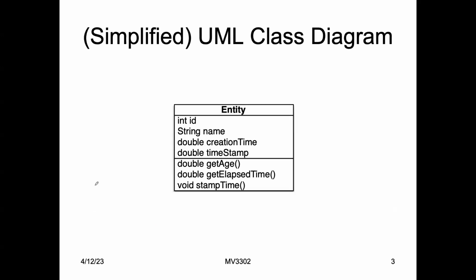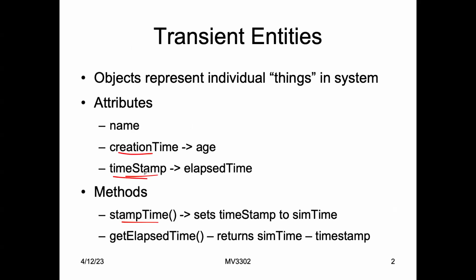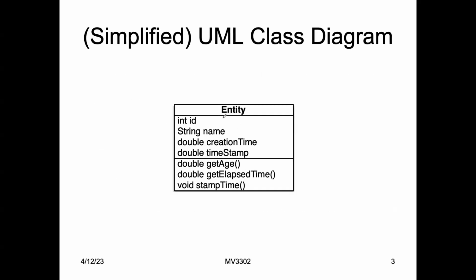So a simplified UML diagram, like we talked about last time, looks like this. Every entity is going to have a unique ID. You know how the pattern for that works. It's going to have a name, so we're able to call it things. That's mostly for debugging purposes, especially in certain models where we have different types of things running around.